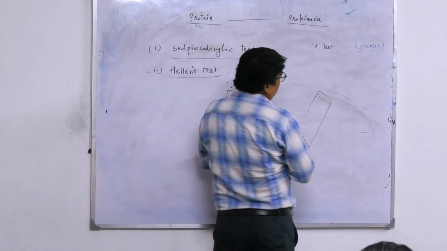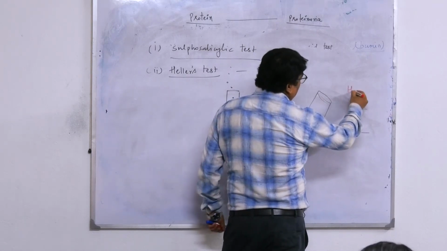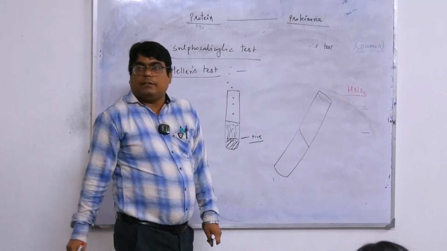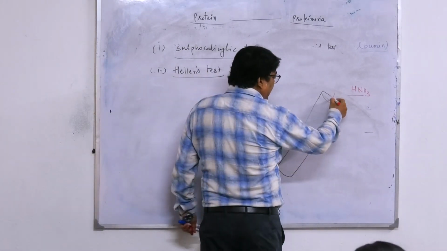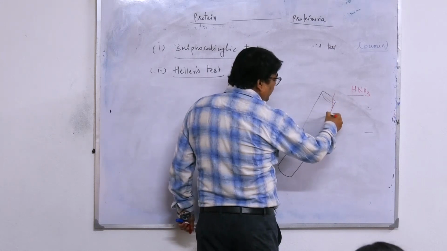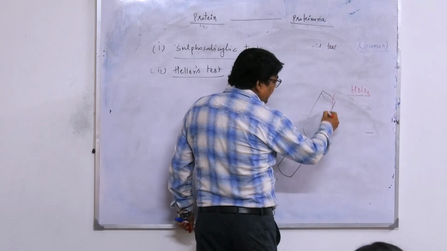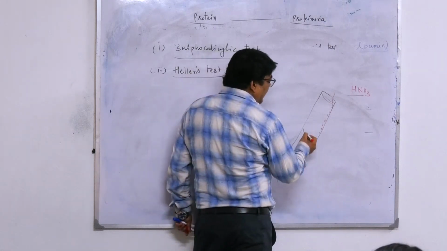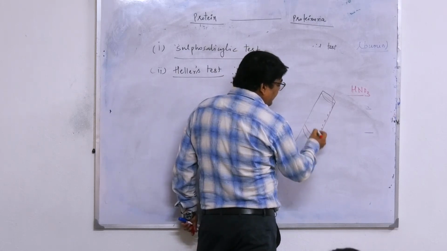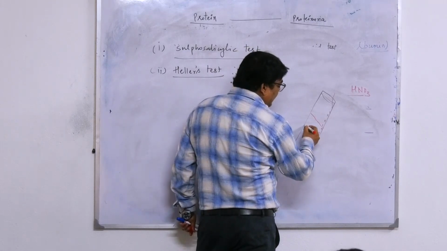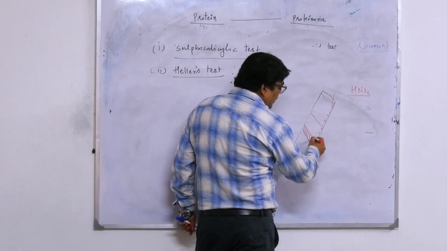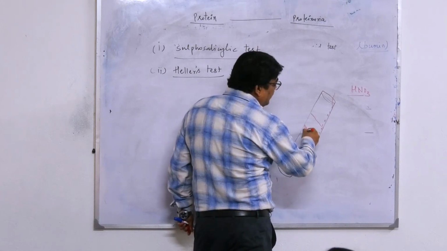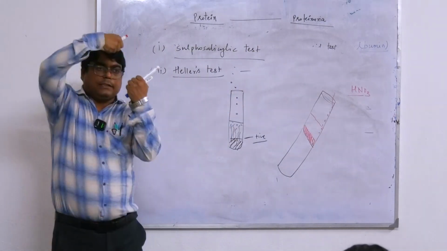We add HNO3, nitric acid, along the side wall of the test tube, not directly. We add up to 2 ml. Then you will observe a change: a white ring appears at the junction of the two liquids.